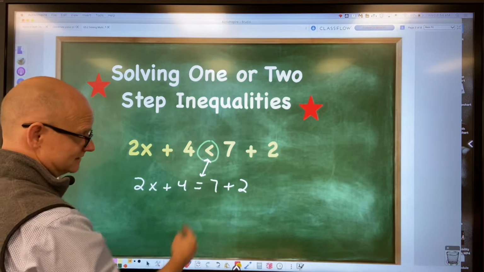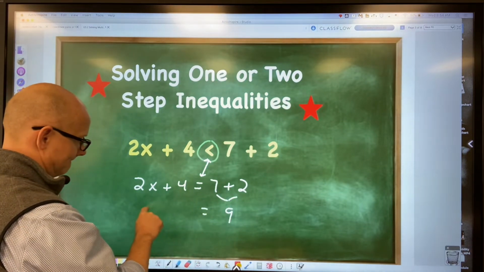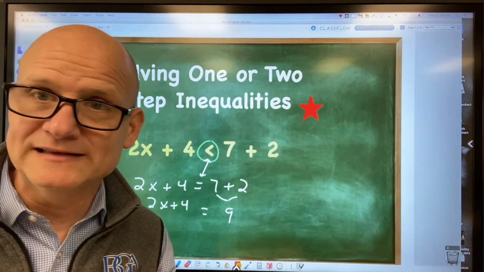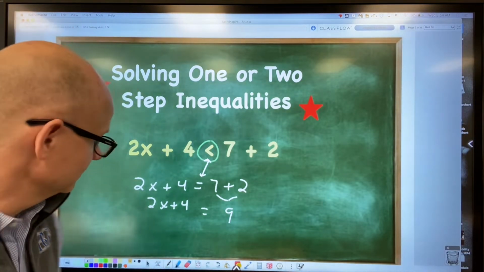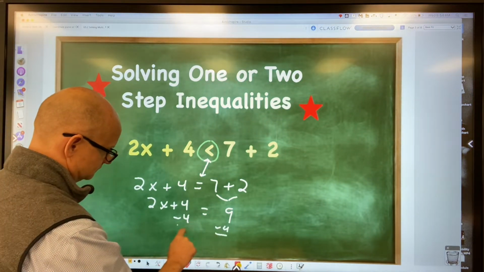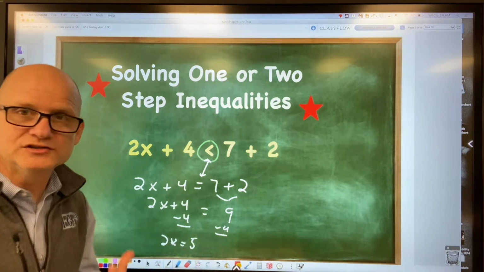You would probably combine 7 plus 2. Then the next step, you would eliminate that constant. Let's subtract that 4.